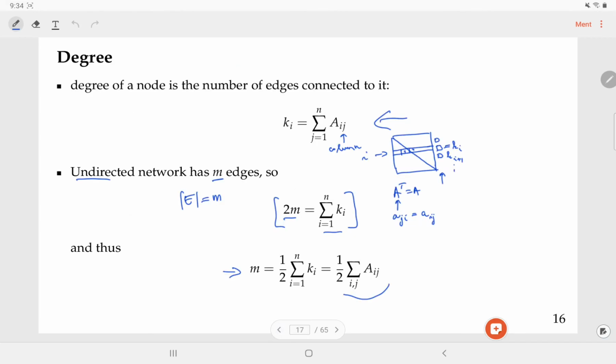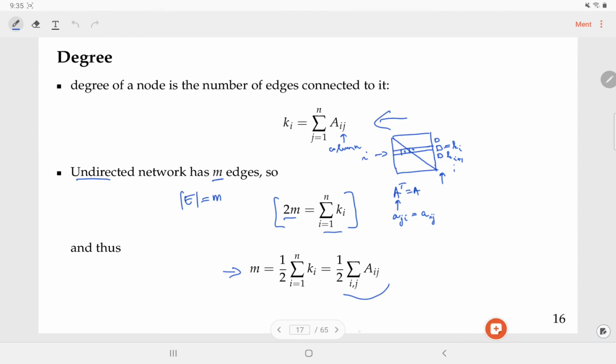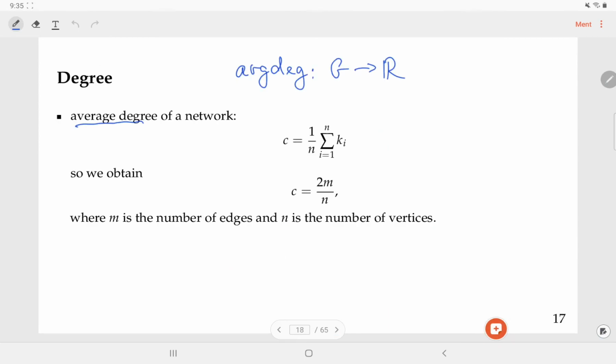I just wanted to hint that degree, as it was written here in the notes, is a local measure, so it assigns a natural number to all the nodes, whereas the average degree is a global measure, which assigns a real number to the entire graph. So it basically characterizes the graph with one number.